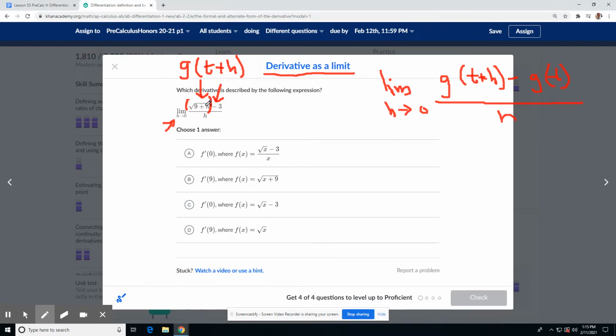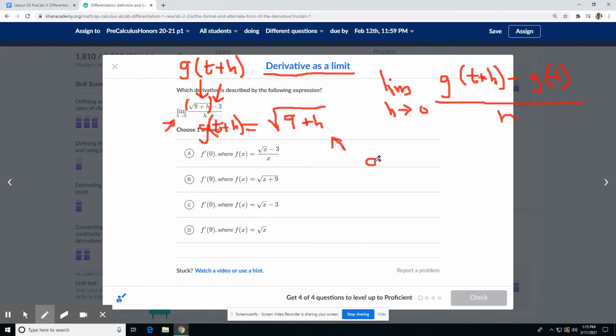So in this case, we can see that we have a square root function, we have the number 9, and we have the plus h. So g sub t plus h is equal to this. And that tells us that we can see what our t is, what our h is, and what our function is. Of course, h is h.